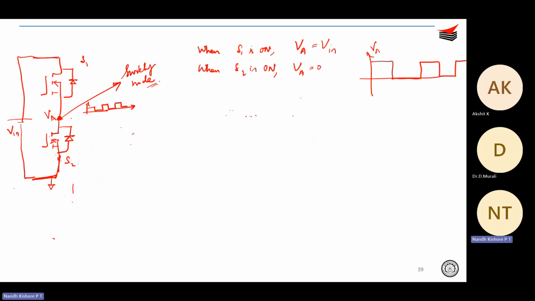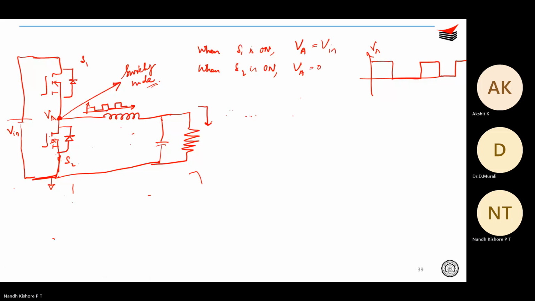After this, what I do is I will put one LC filter. And let's say you're feeding a load out of this. So obviously this load would be drawing I naught current.